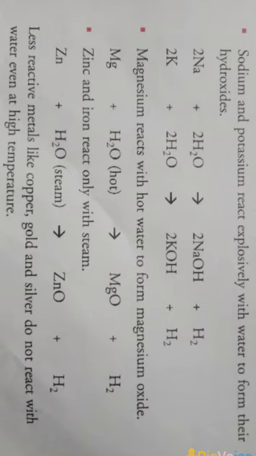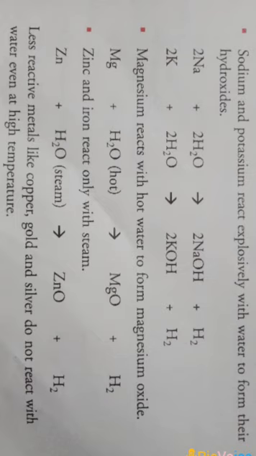Here you can see sodium, that is Na, reacts with water to form NaOH, that is sodium hydroxide along with the hydrogen gas. In the same way, potassium, that is K, reacts with water to form KOH, that is potassium hydroxide along with the production of hydrogen gas.